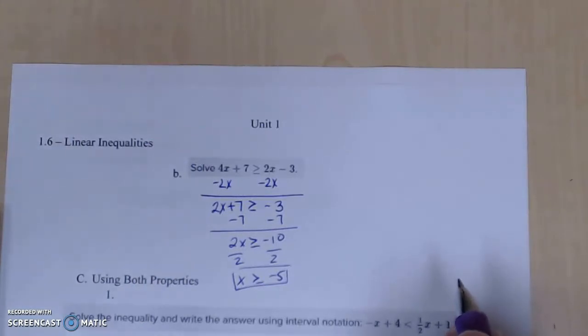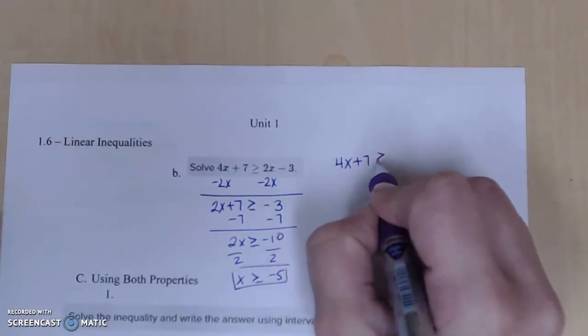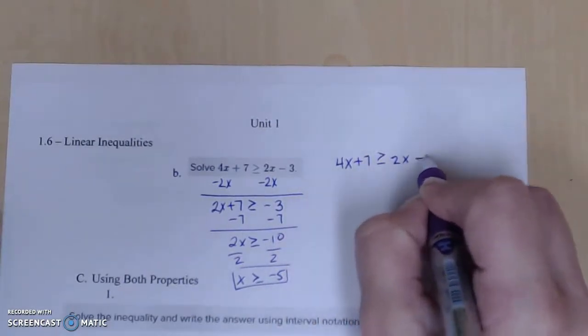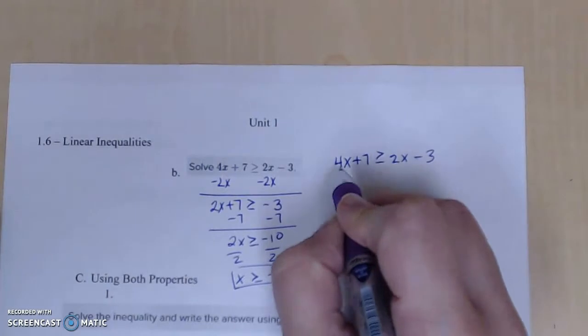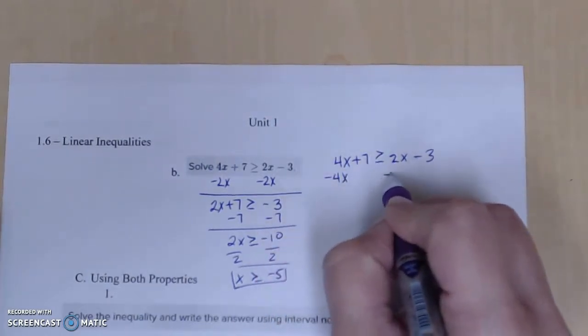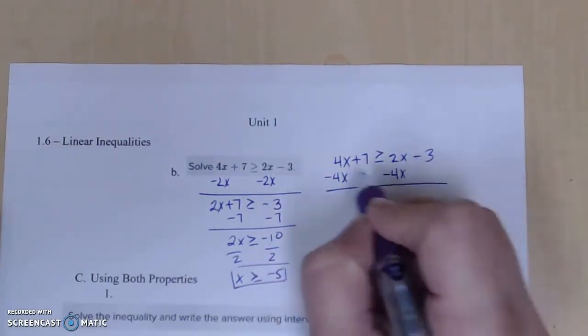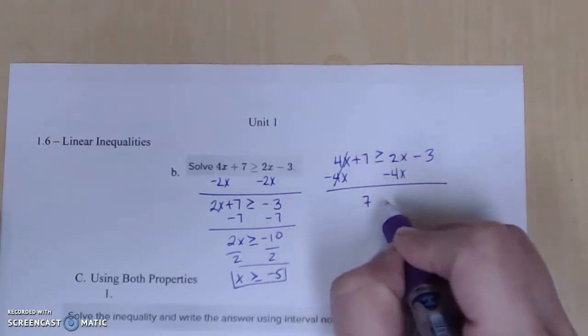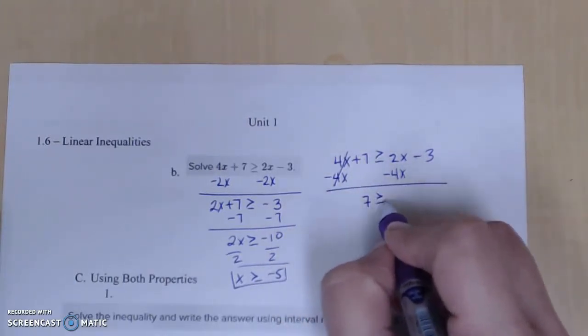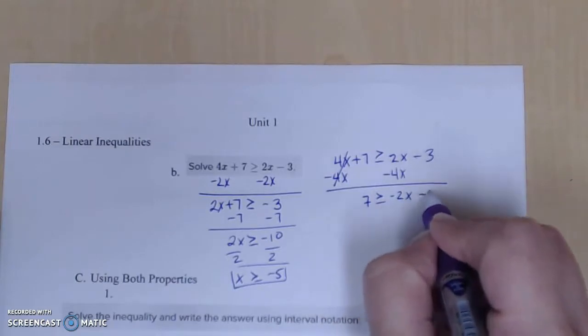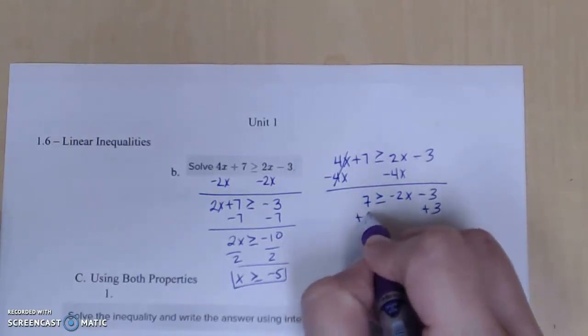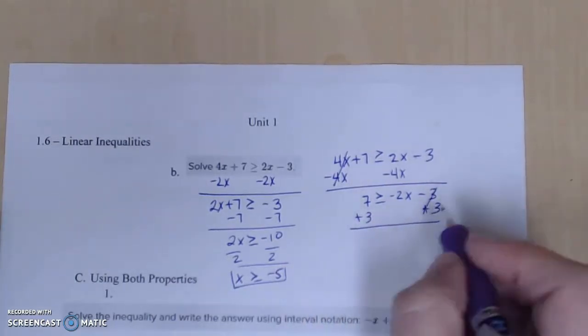But let me show what it would look like if I had moved the other direction. So I'm going to work this problem out. I'm just going to do different steps along the way. So instead of moving the 2x over, I'm going to move the 4x over. So I'm going to purposely show you how I get a negative in there, and also how I purposely get the same answer. So this gives me negative 2x minus 3, so I'm going to add the 3. You can see my steps are just a little bit different.